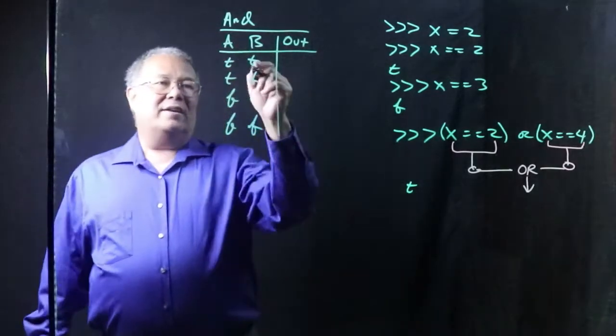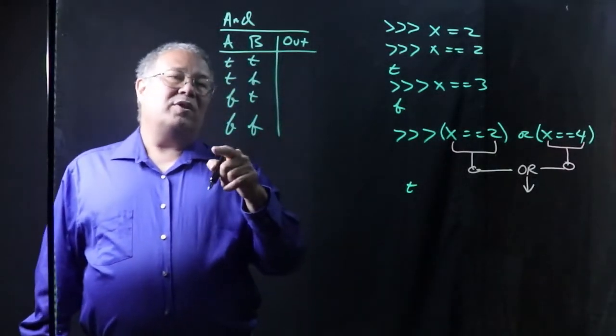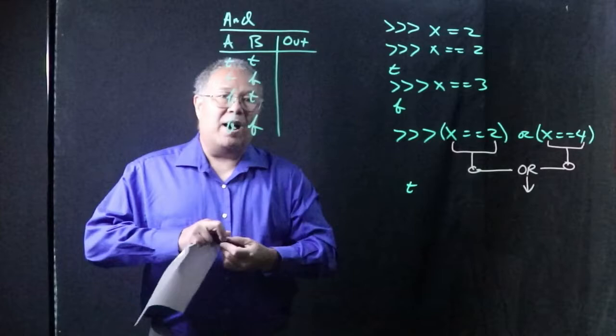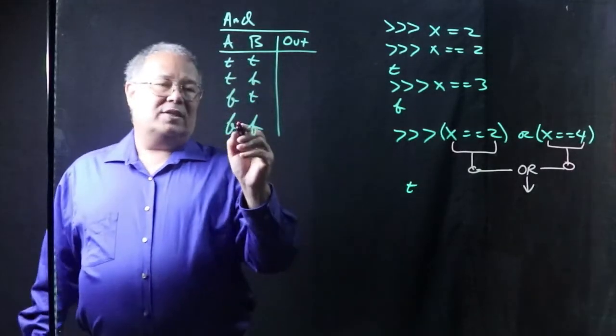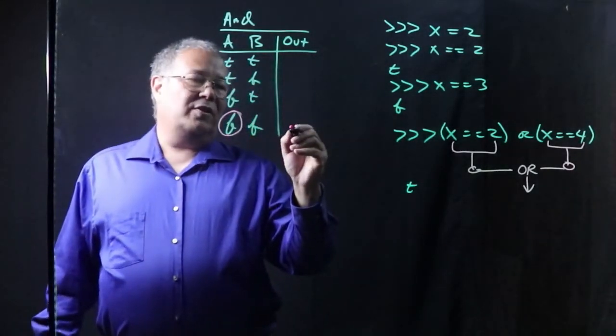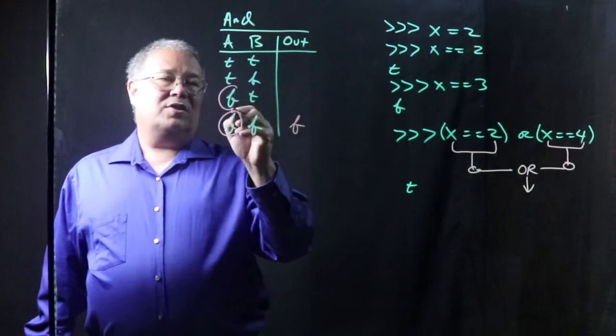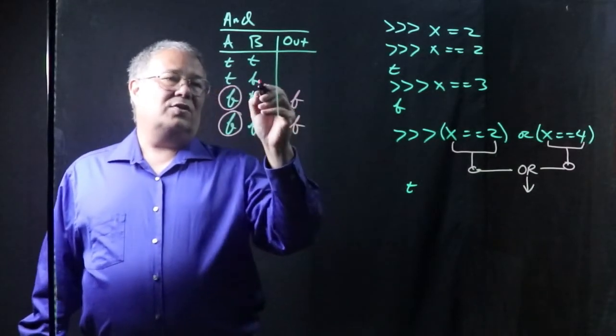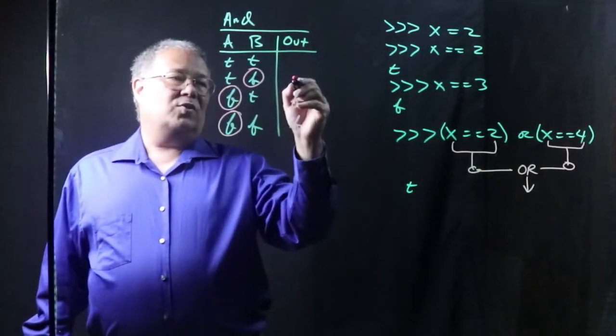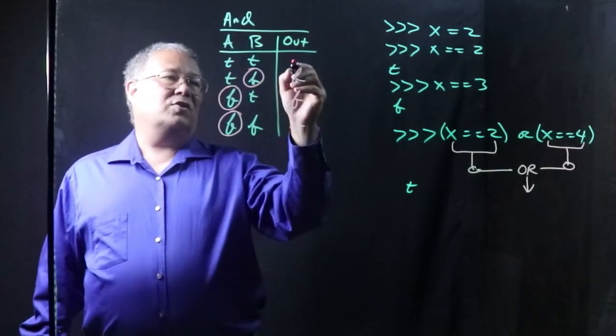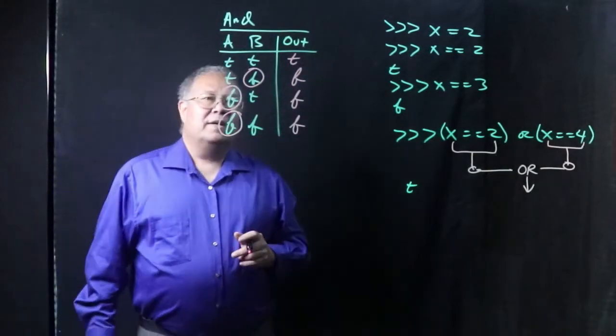Now, this is and, so if one of them is false, then you'd expect the output to be false. So this one is false, therefore I know that this is false. This one is false, so I know that this is false. This one is false, so I know that this is false. There's no false there, so this is a true.